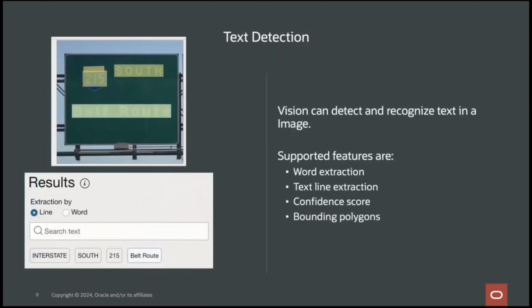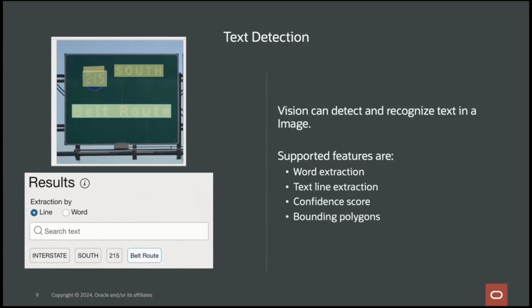And the last thing we want to look at in terms of the pre-trained models that we have is text detection. OCI Vision Service can detect and recognize the kind of text that is part of an image that you provide as an input. It can extract specific words from within that image, or it can also extract entire lines from that image.